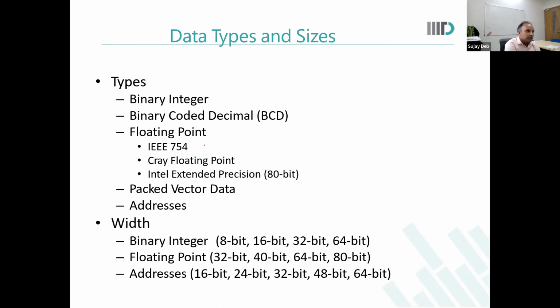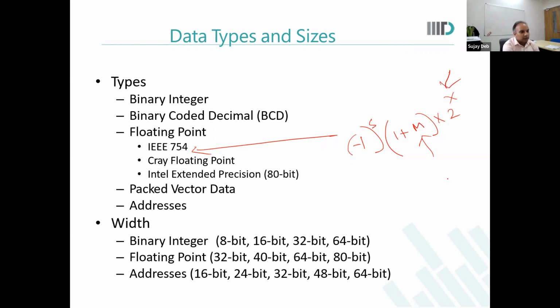In IEEE 754 format, I hope many of you know this, any number is represented like this: -1 raised to the power sign bit, then 1 plus m, and then 2 to the power x. Here m is the mantissa, which lies between 0 and 1, and x is the exponent.